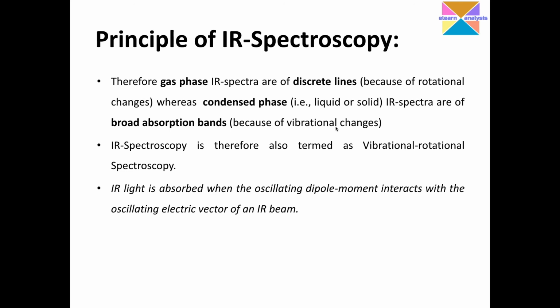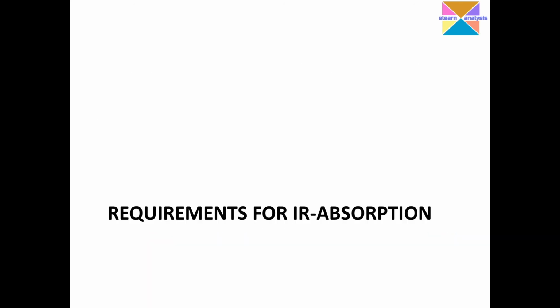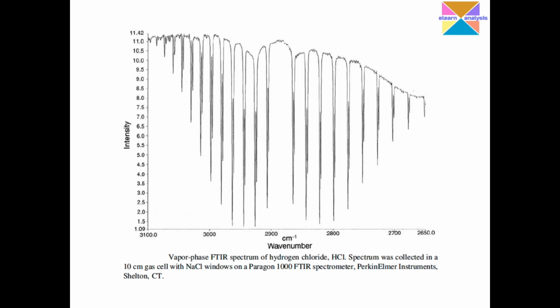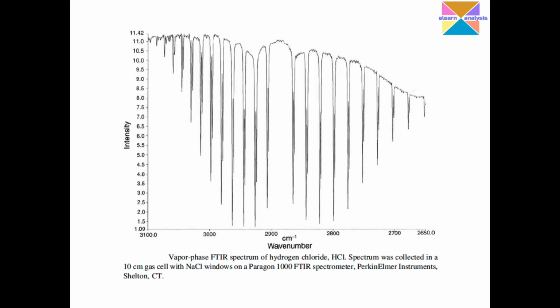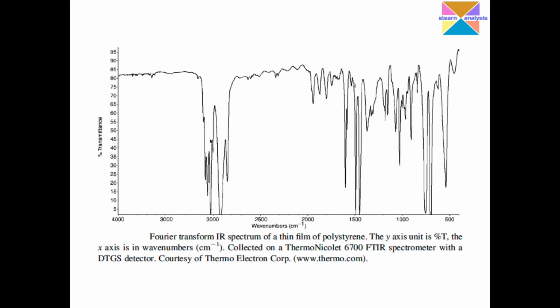That is the reason I would like to show you the two spectra. This is the one where I have taken an example of hydrogen chloride, which is in the gaseous form. If you see the spectrum, which is because of the rotational energy changes, the peaks are very sharp and very clear or distinct from each other. Whereas if you take the condensed phases, the spectra tend to broaden. As you can see, the spectrum of the condensed, solid or liquid state will tend to broaden like this.